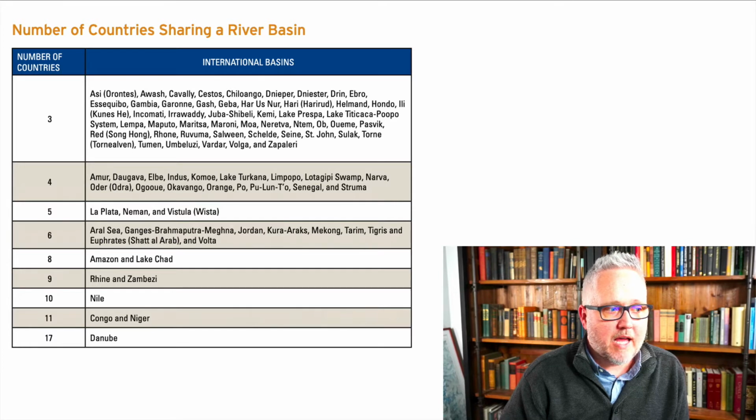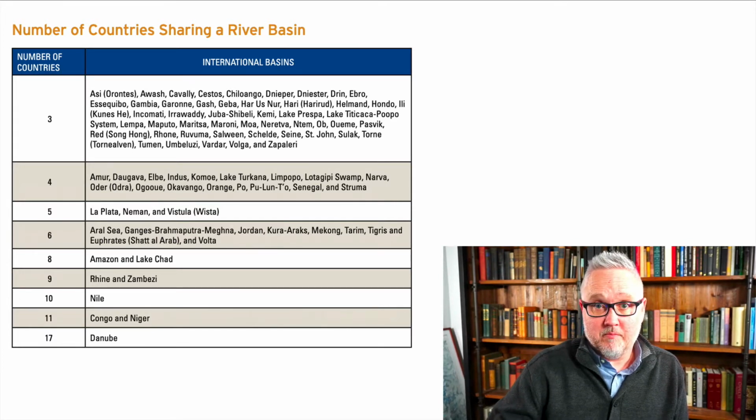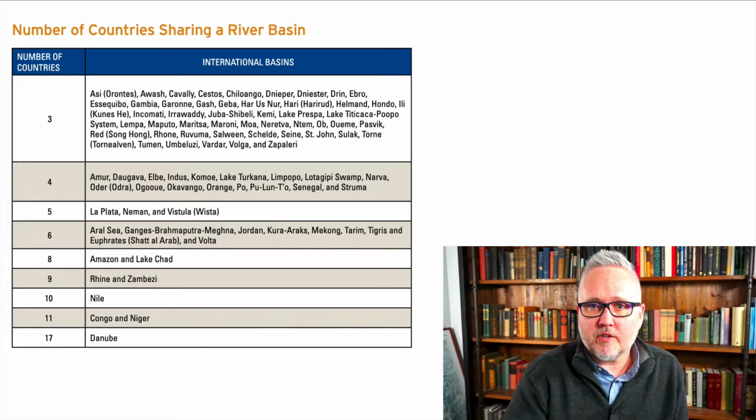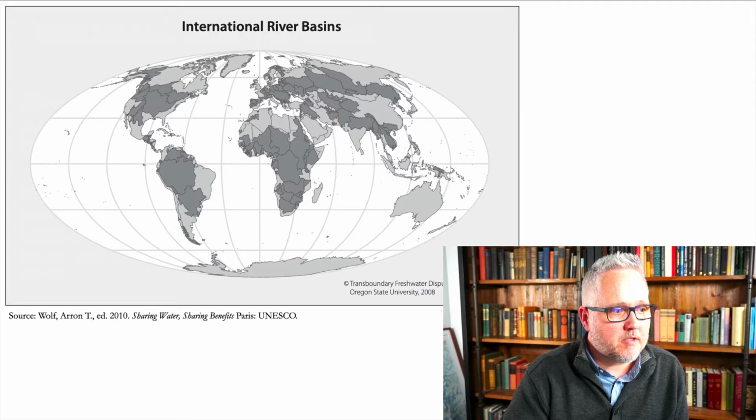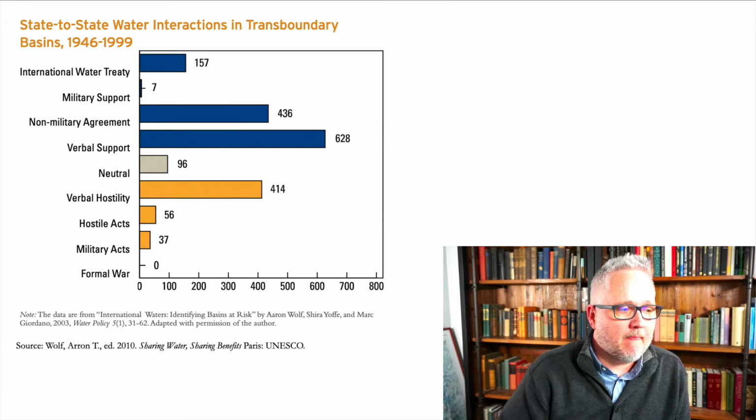And so, as we mentioned earlier, the larger the number of actors involved, the more difficult it can be to reach any kind of concrete agreement either way. But you can also see that these agreements and basins can stretch across a large number of different countries.